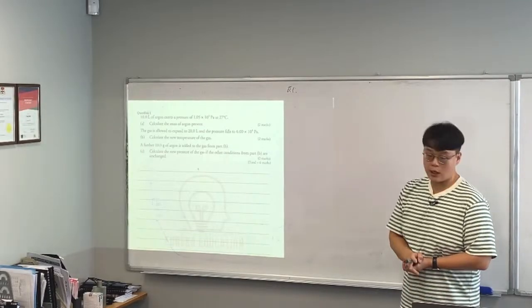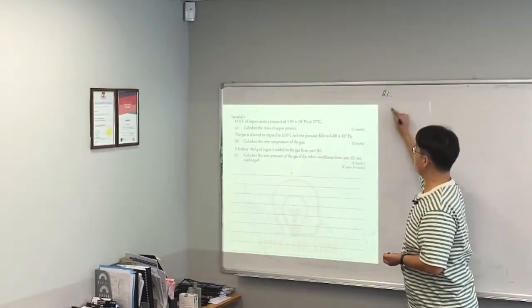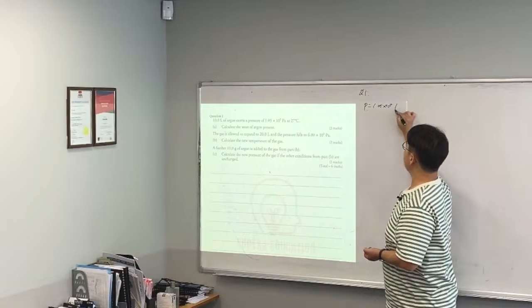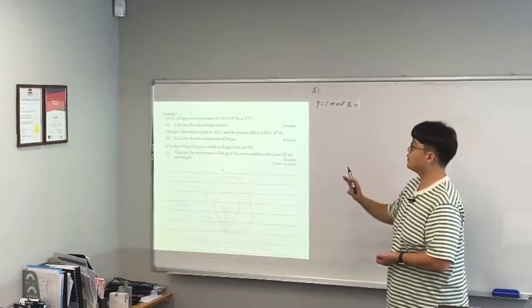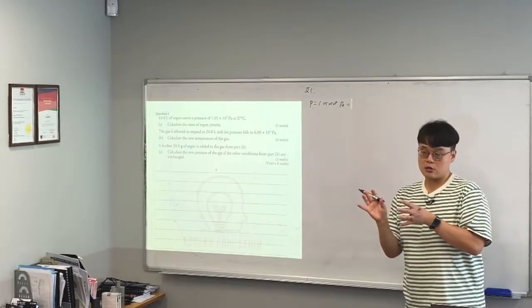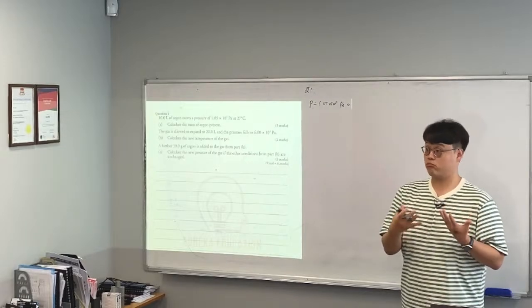Calculate the mass of the argon present. The pressure is given in Pascal. You need to get that into the standard unit of kilopascal, because to find the number of moles, we have to use the ideal gas law, and as we got the number of moles, then we can convert it back to the mass.